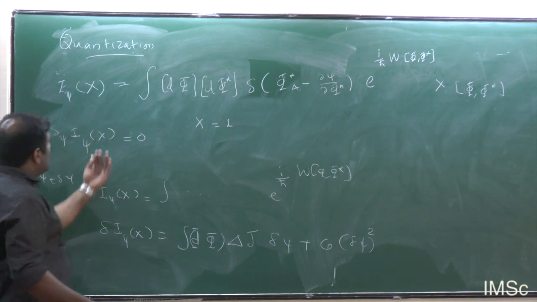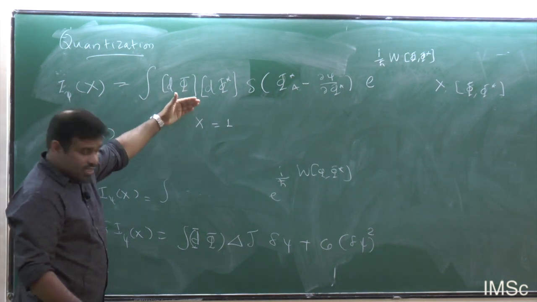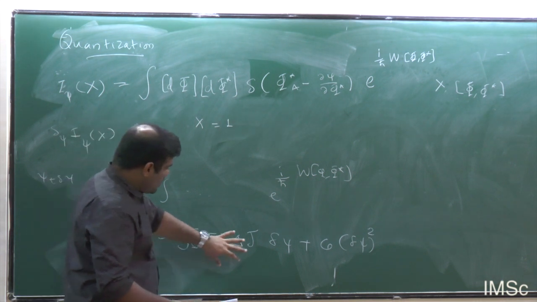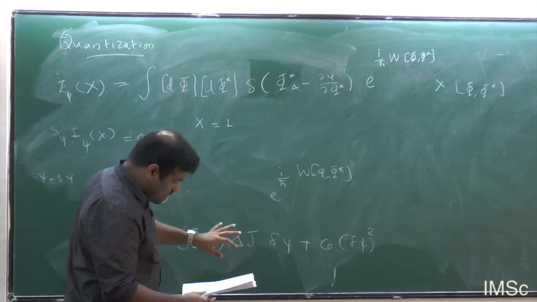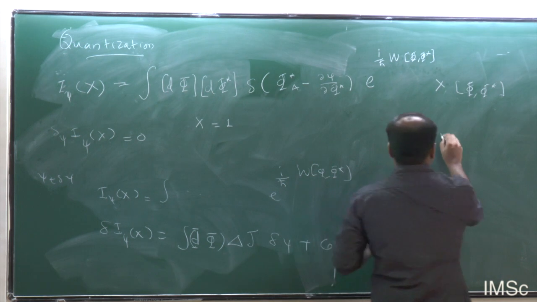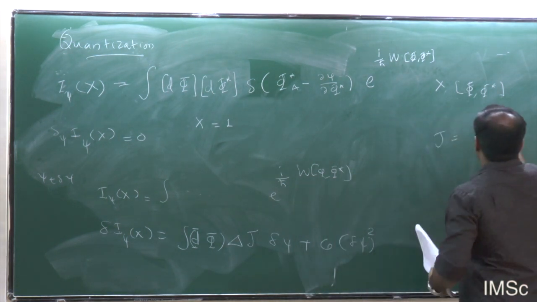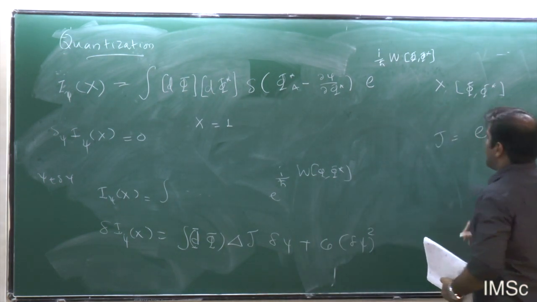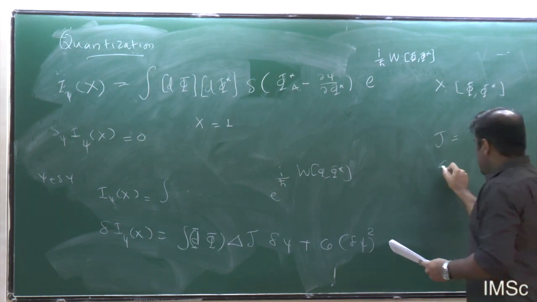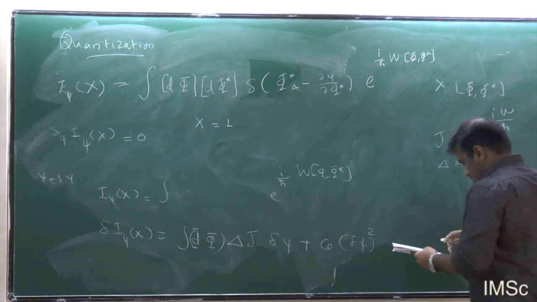Now, if you want the quantization to be consistent, you demand that delta J should be equal to 0. Now, what is J? J is e raised to iW by h bar. And delta is the following operator.